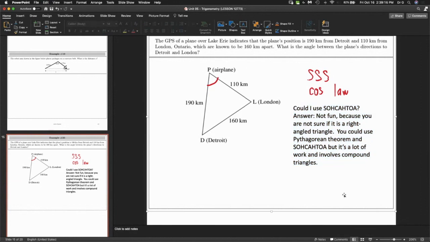That's my comment there. Anyway, we're going to use the Cosine Law, and Ravine actually typed the formula already, which is fantastic. So I'm just going to steal her formula. Don't mind.